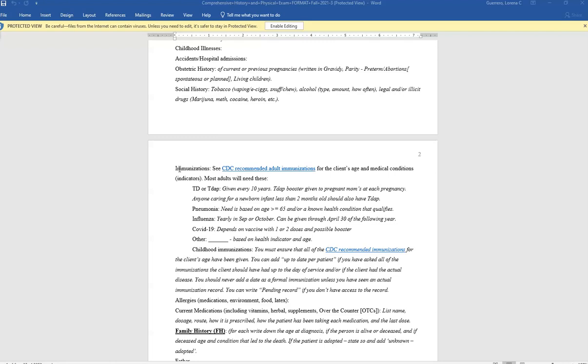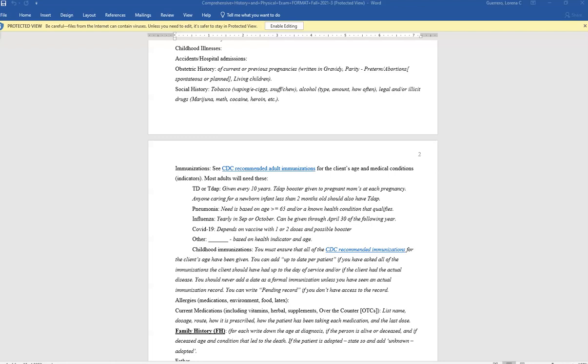The tetanus and diphtheria, and the tetanus, diphtheria, and acellular pertussis are 2 important immunizations for adults, and really anybody 11 and older, if I'm not mistaken. You start to give the Tdap every 10 years, or the tetanus and diphtheria every 10 years, with at least 1 booster if you're an adult.